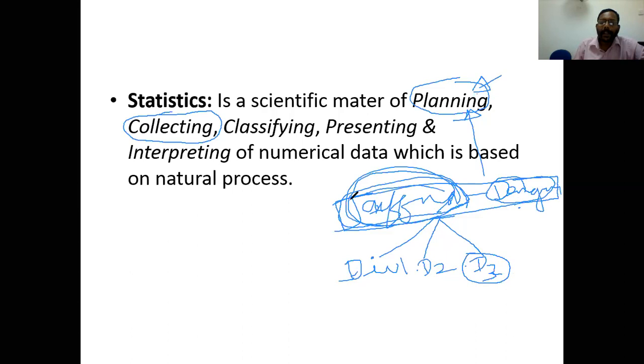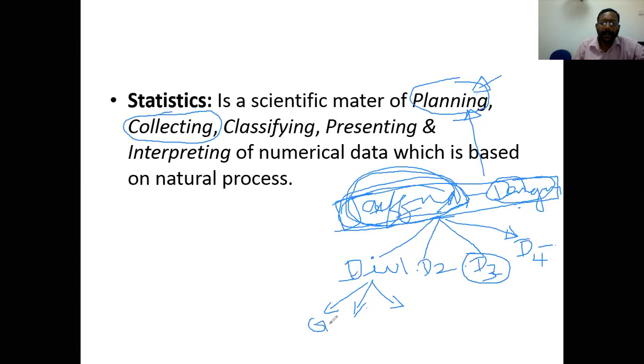Because I'm going to talk about dengue in the whole district, I cannot ignore any divisions. I'll have to take all the divisions. I don't know exactly how many divisions there are. Division 1, Division 2, Division 3, Division 4, and so on. Right? Under division, what is the structure?